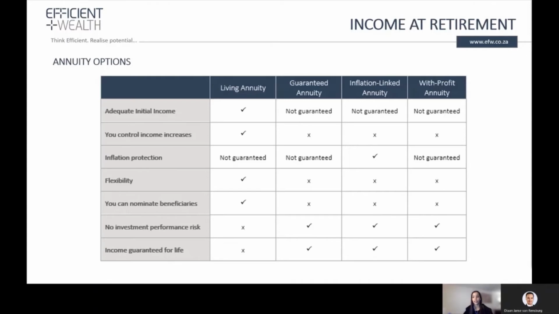This is a fixed rate, and your income will also depend on the initial investment. The annuity will be paid for life, but the disadvantage is you don't have flexibility to choose your own funds, and you cannot nominate beneficiaries or even increase your income.